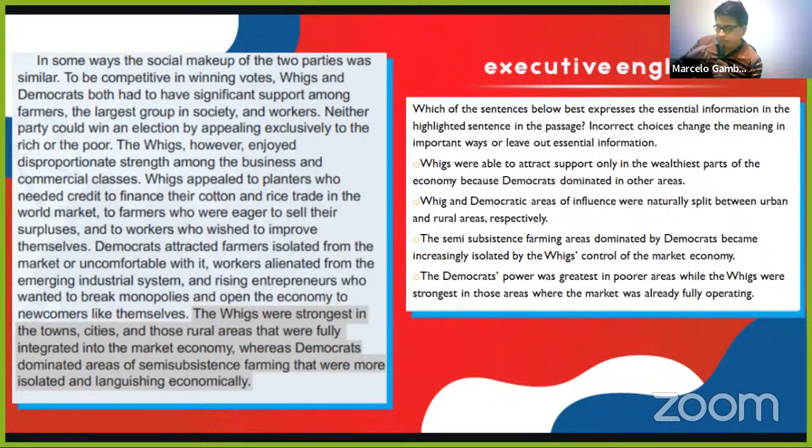Can you please do it, Alejandra? I think because the Democrats are interested in the areas that are rural, the farmers and people who need money from the cities, and the Whigs were strongest because they are in the market in the cities, and I think that is the reason.